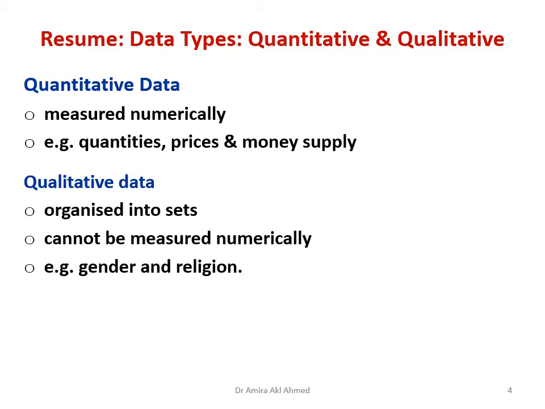Data could be divided into quantitative and qualitative. Quantitative data could be measured or counted numerically, such as quantities, prices, ages, length, weight, interest rates, number of students in your class, and so on.